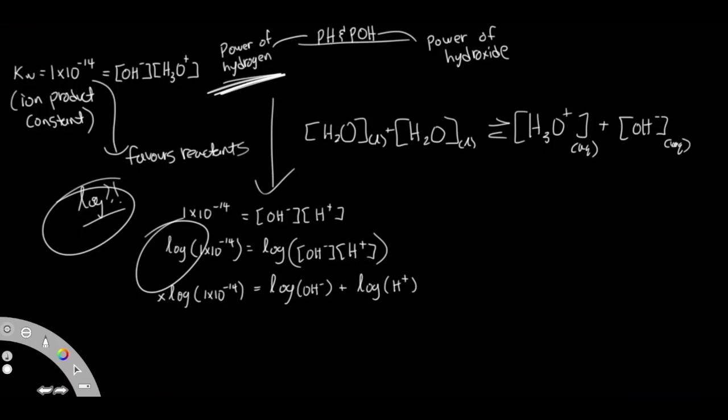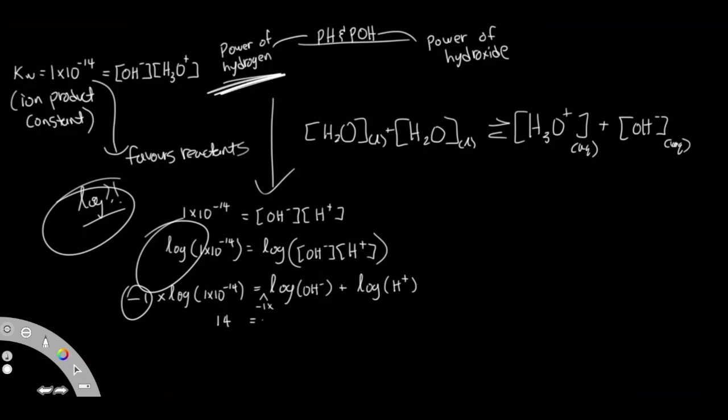So you just get our 1 times 10 to the power of negative 14, which would be negative 14, but you multiply that by negative 1, you end up getting 14. Again, you multiply this by negative 1, you end up not getting negative 14, but you end up getting 14. It's the same thing over here. What you're going to end up doing is just inputting this negative 1 over here. This negative 1 is going to multiply whatever you have over here.